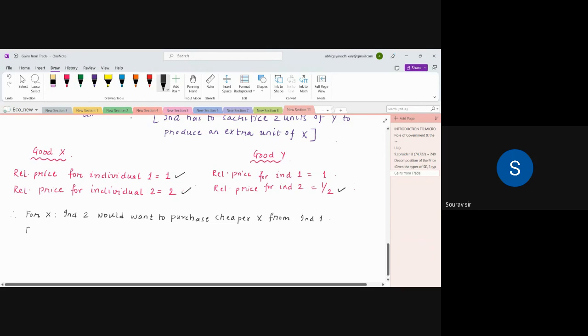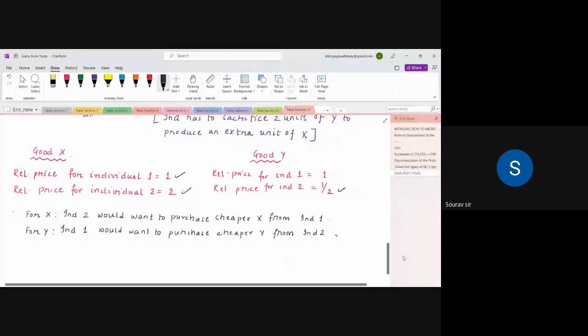And for good Y, individual 1 would want to purchase cheaper Y from individual 2. Correct.